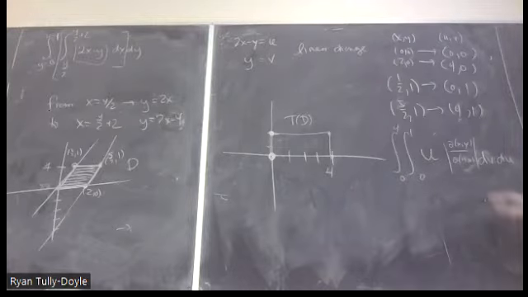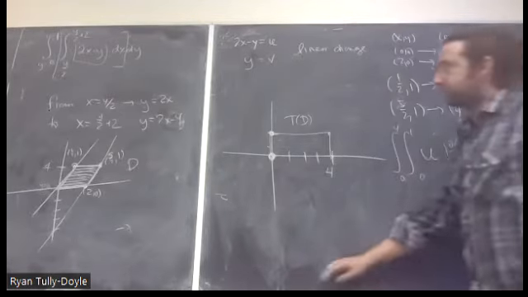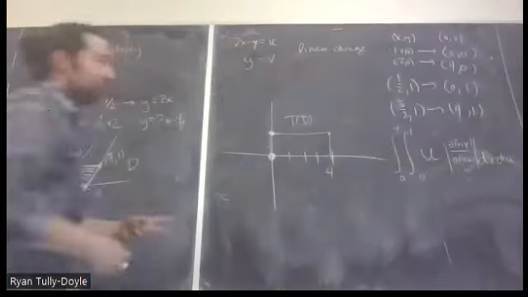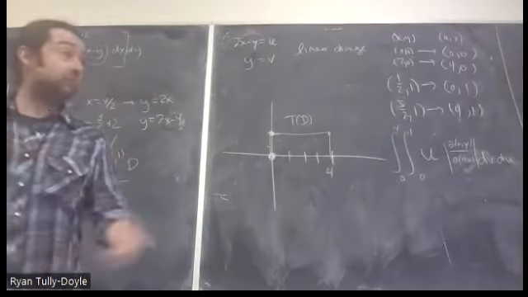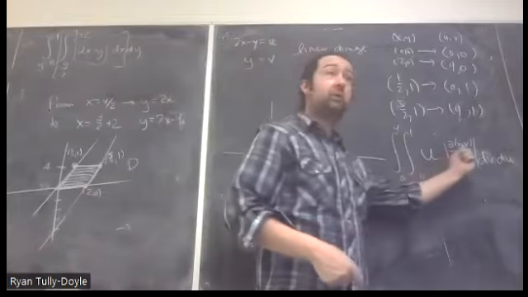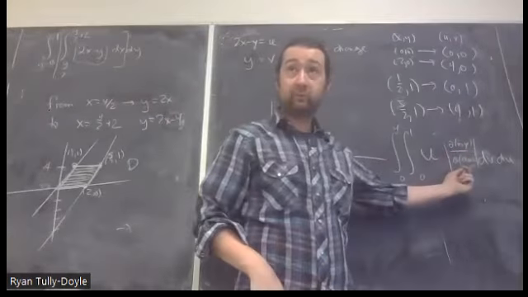Now what? I've got to compute that. What is it? And be careful, because there's a major landmine here. You have to find X and Y in terms of U and V. There's two ways to do it. You must know X and Y as functions of U and V to compute it.